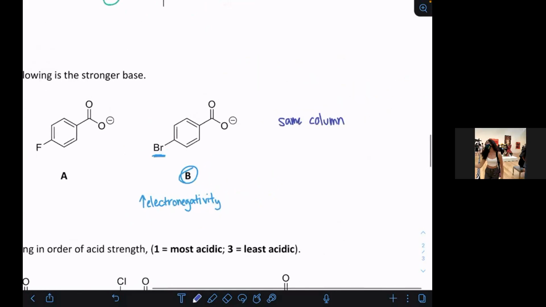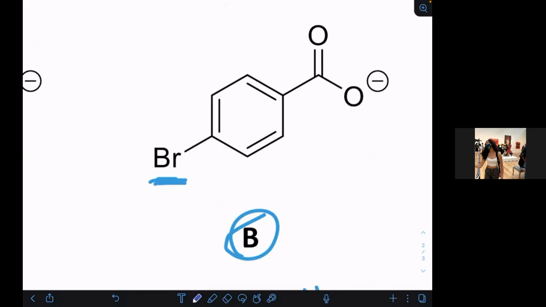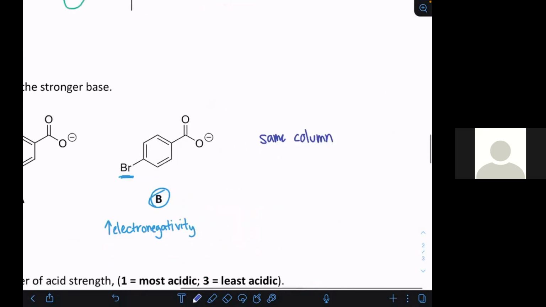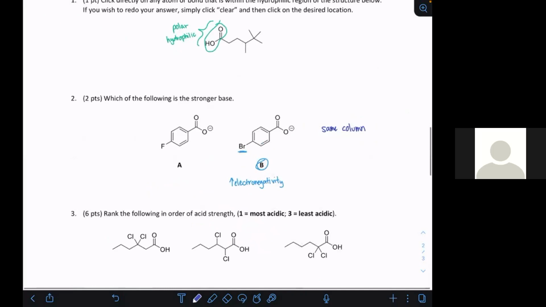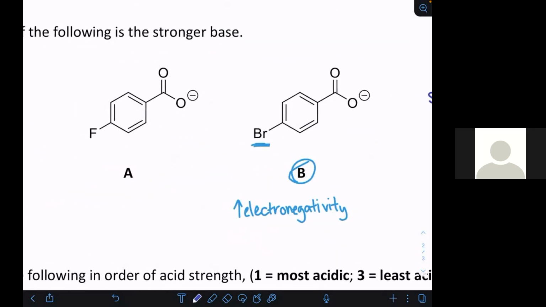Yeah, I'm not sure. Which one is the one about the column? Also she explained COO is more polar and negative. Because I answered A, I got confused. Honestly, I'm not sure how to explain it, but her answer was B.